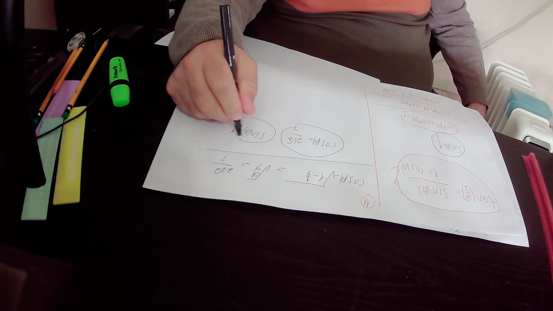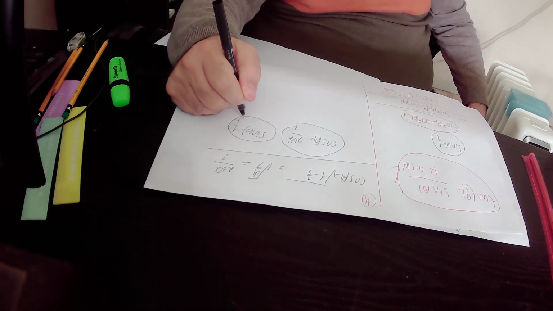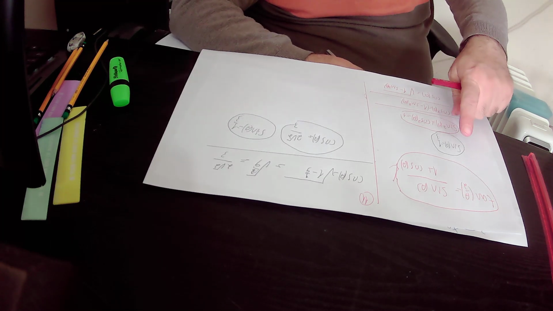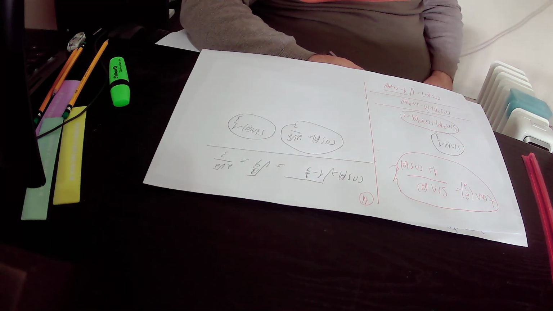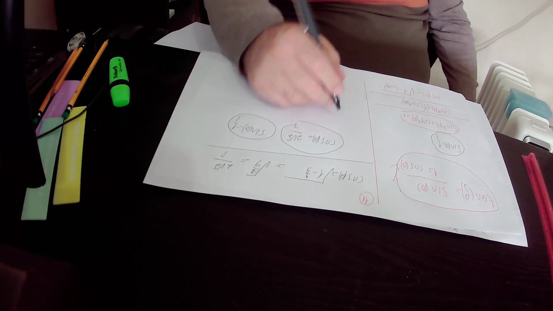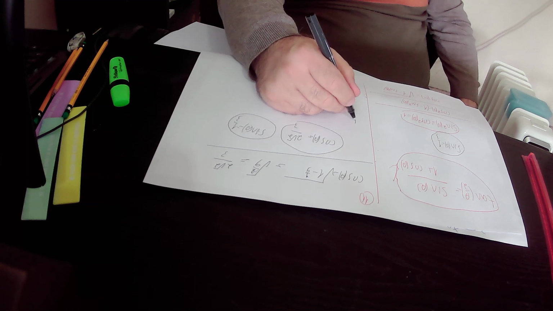So now we can put the values of sine theta and cosine theta inside this trigonometric identity in order to find out the value of tangent theta over 2. I will write down the trigonometric identity again.